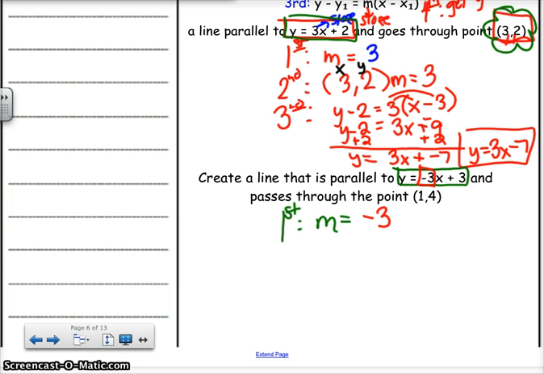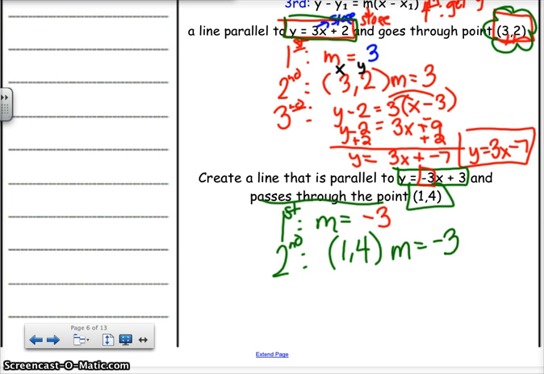My slope is negative 3. Second, the point I pass through, so I pass through 1, 4, because they told me it says passes through the point 1, 4, and my m is equal to negative 3.